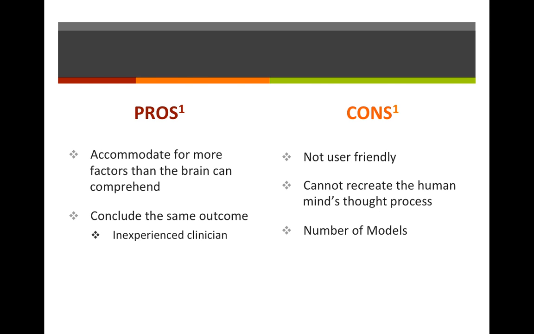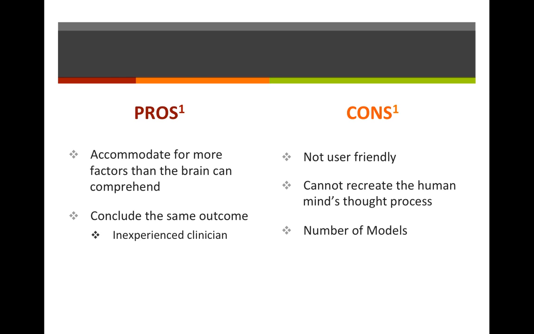It's going to be able to consider and comprehend those in a more accurate way. Also, speaking of accuracy, using a statistical model, you're going to get the same conclusion every time because that is what it's there for.